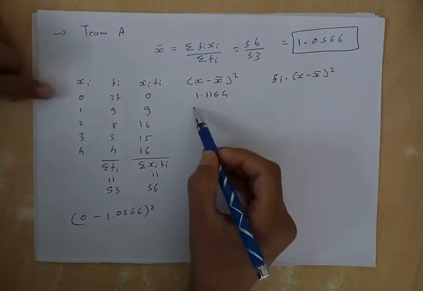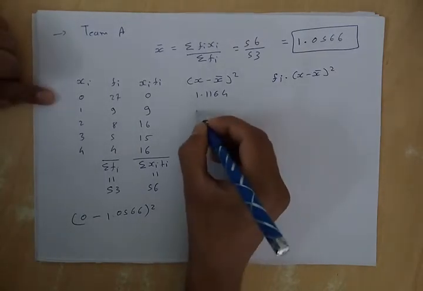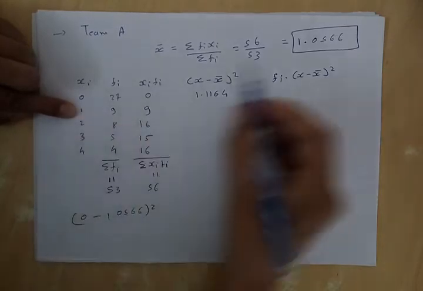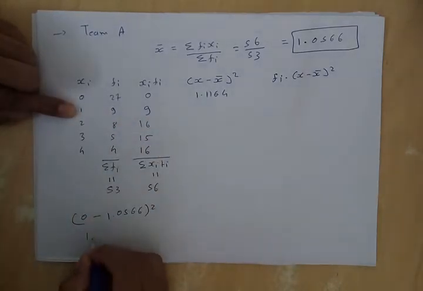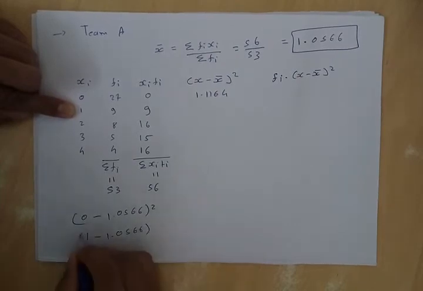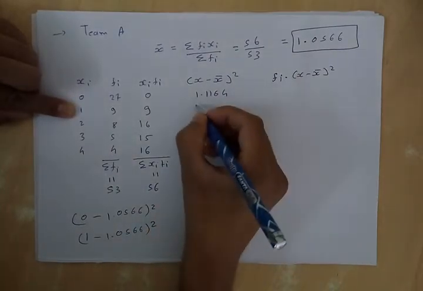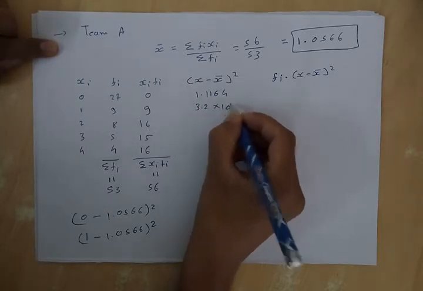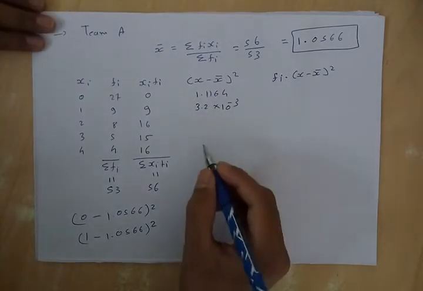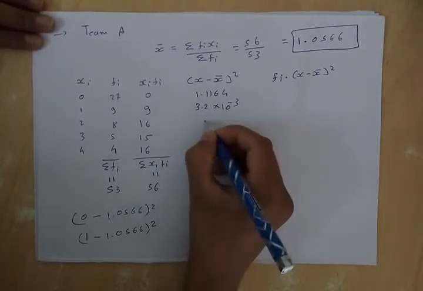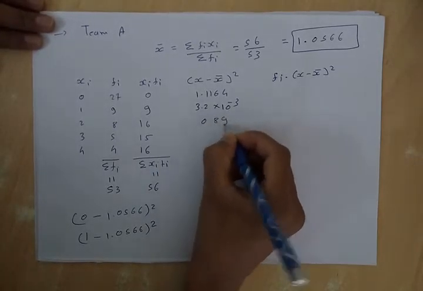Similarly, for second row, x minus x bar, x is 1 minus x bar is 1.0566 whole square. So it will give you the value of 3.2 times 10 raised to minus 3. So you can form this entire column. I have already calculated, so I will just fill remaining values.